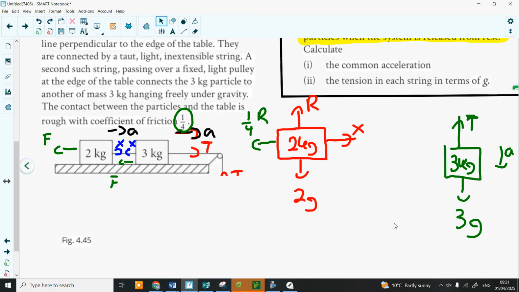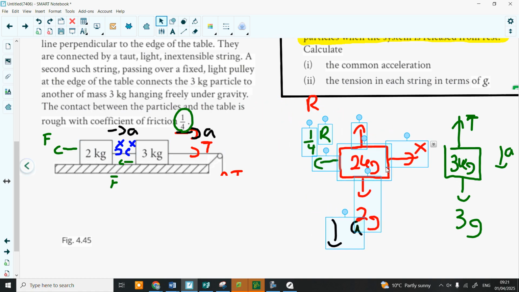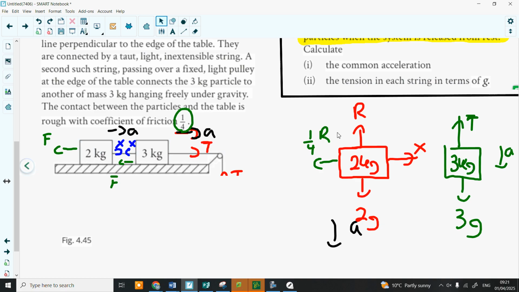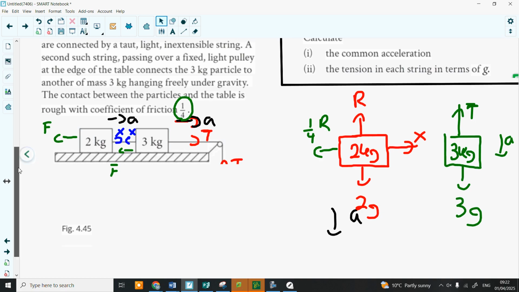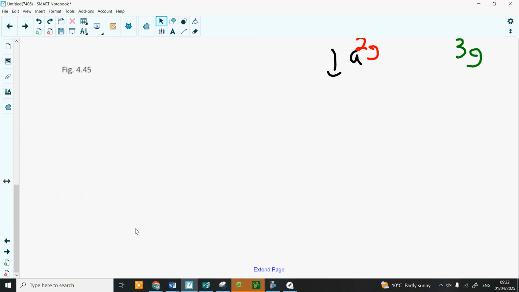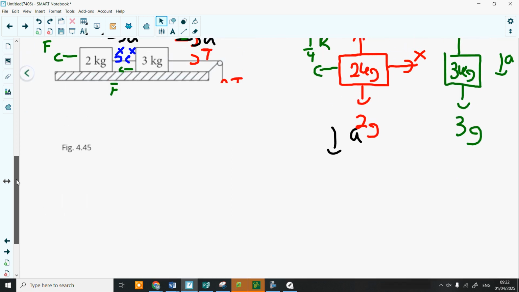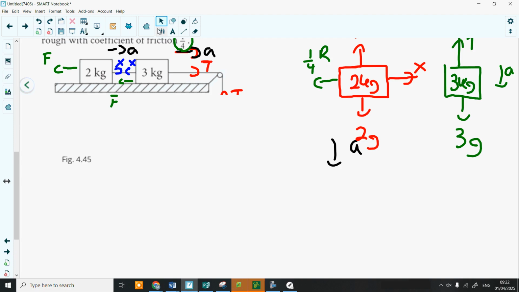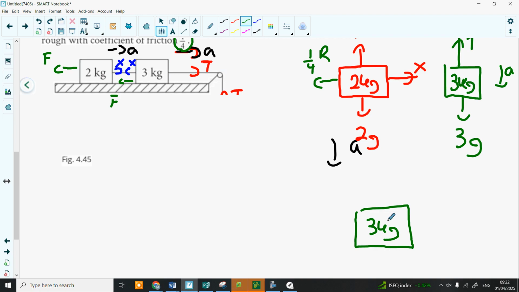Okay. Next diagram is going to be the 3 kilogram system. Take the 3G one. Now, what do we think about the 3G one? It's the more complicated one. Okay. Reaction force N. Why am I calling it N?